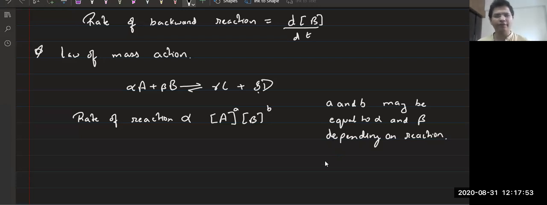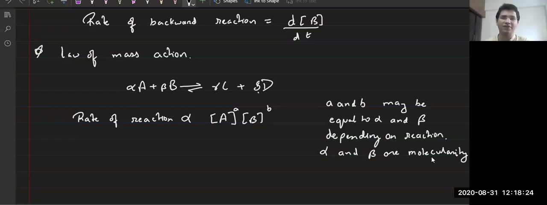For us, usually we will have a and b equal to alpha and beta, but they may not be equal. I'll just name a term here. Do not think more about that because we will study this term next year. Alpha and beta are called our molecularity, which means the number of molecules or atoms which are reacting.